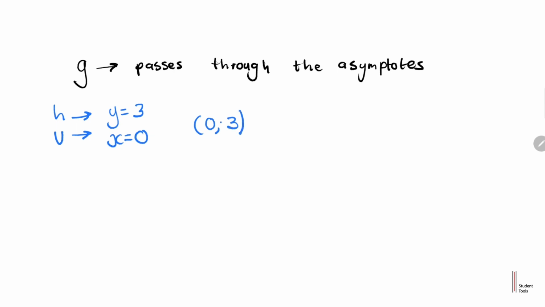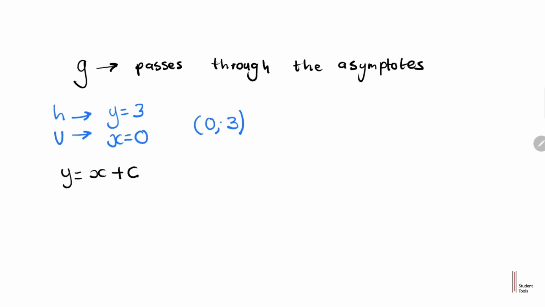And the other information we are given here is that the axis of symmetry, which is G, has a positive gradient. So when it has a positive gradient, it means we will use this formula. We will use y is equal to x plus c. If we were told that this axis of symmetry has a negative gradient, we were going to use y is equal to negative x plus c. But then it's positive, so we're not going to use that.